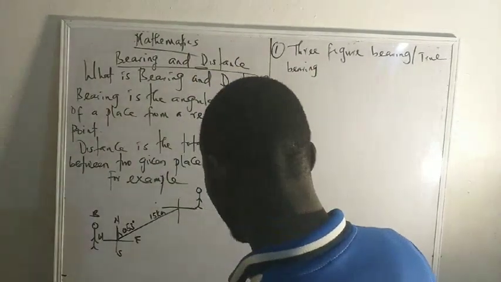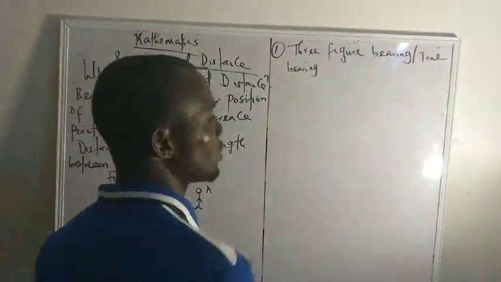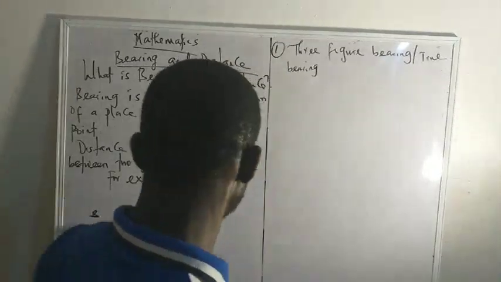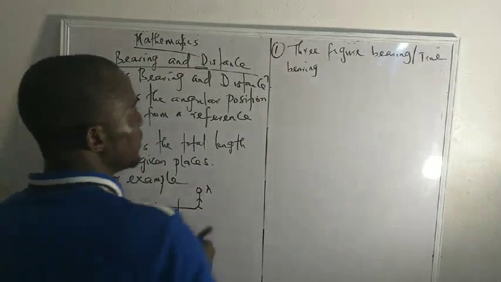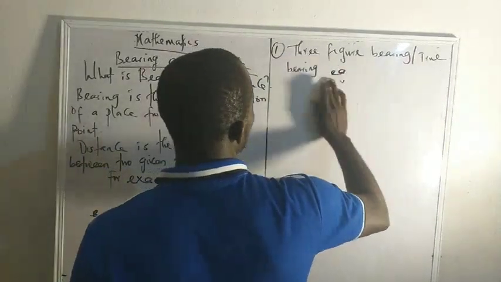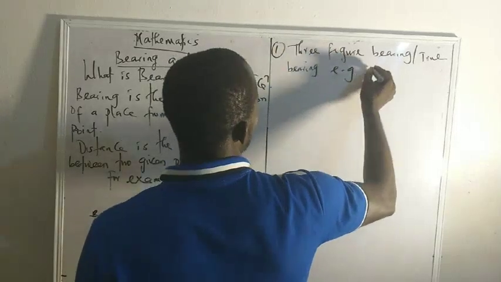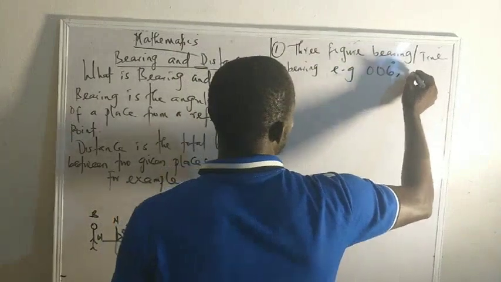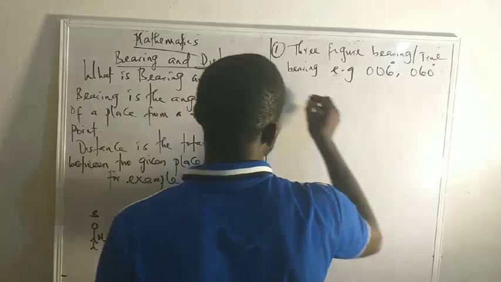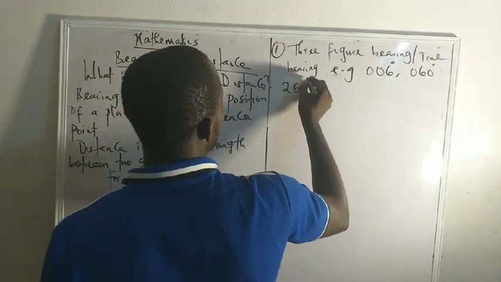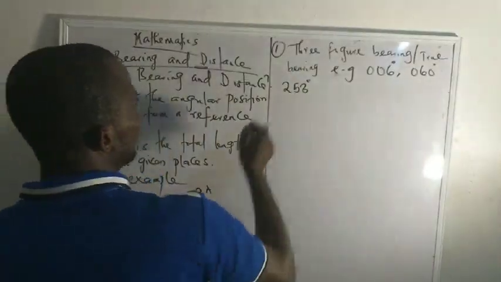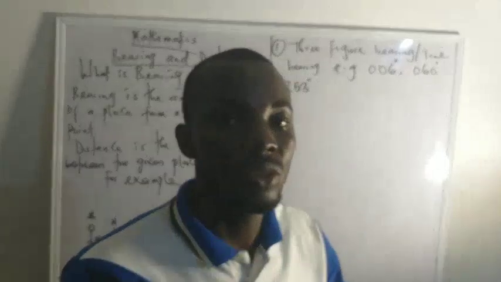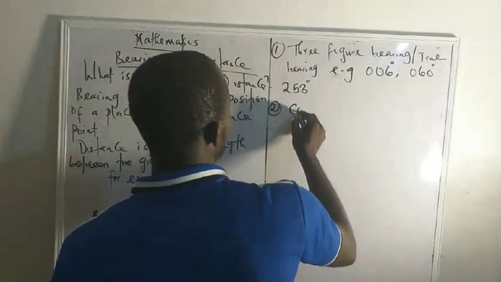Now, it is often described in terms of 3 digits. That is why I wrote 053. Other ones you can see, e.g. can have it as 006 degrees, 060 degrees, 253 degrees.